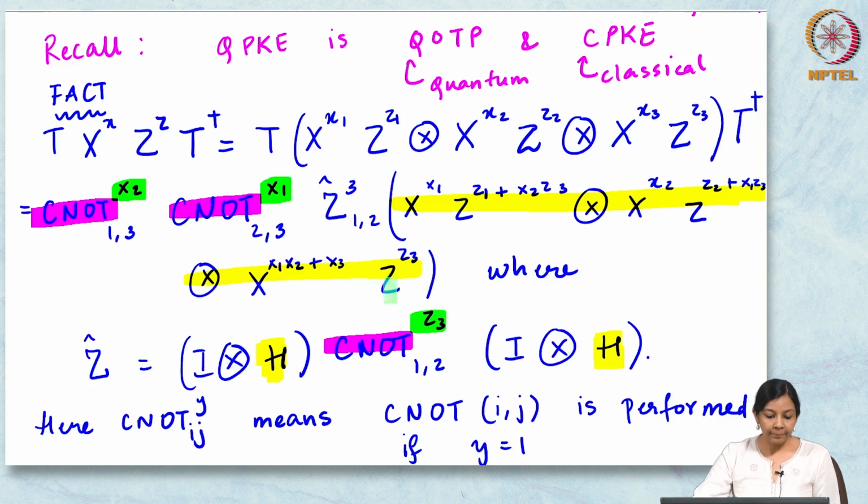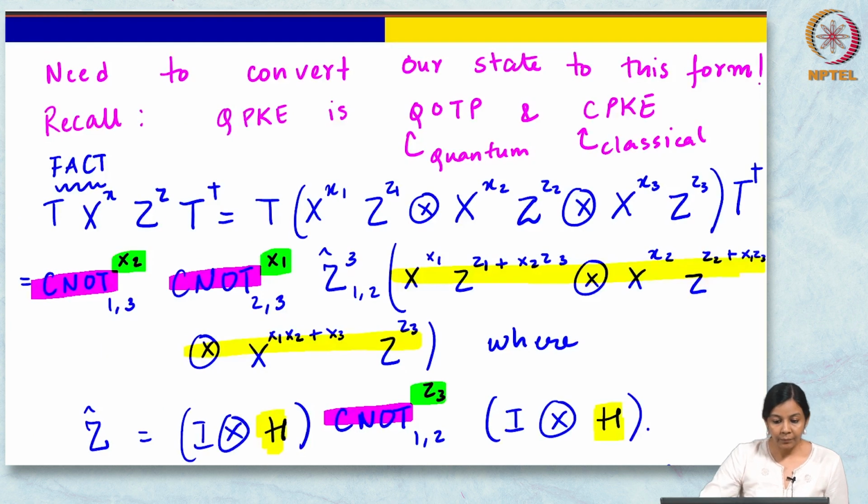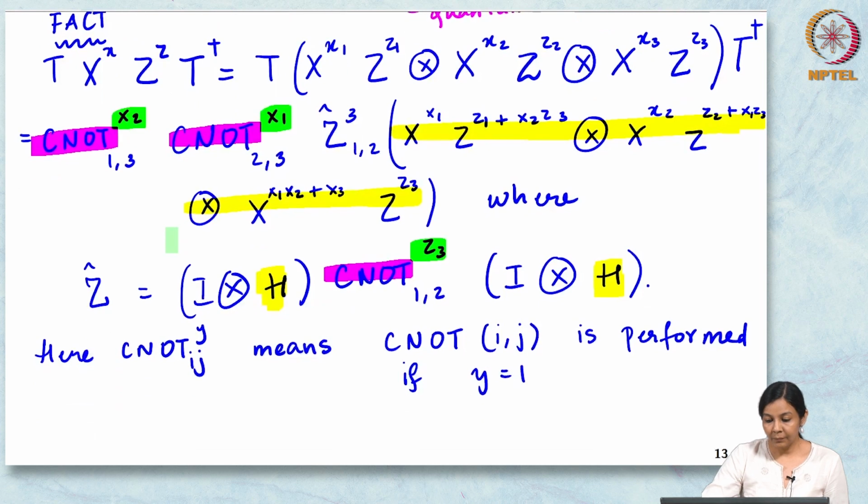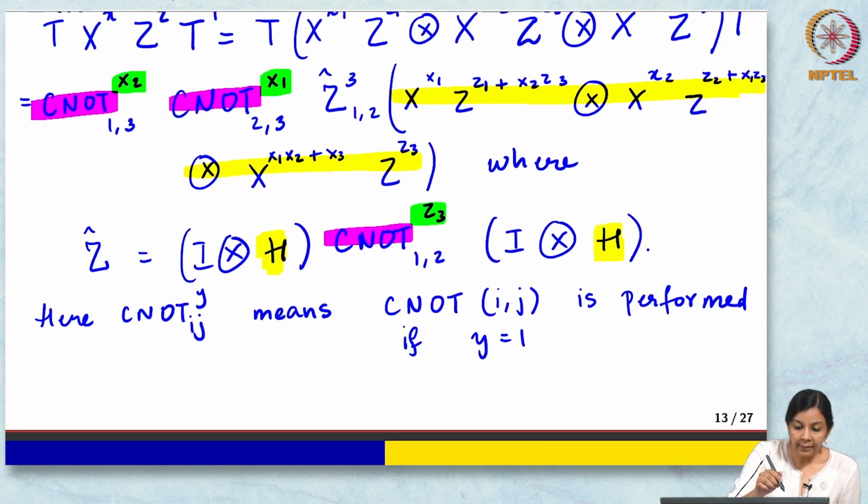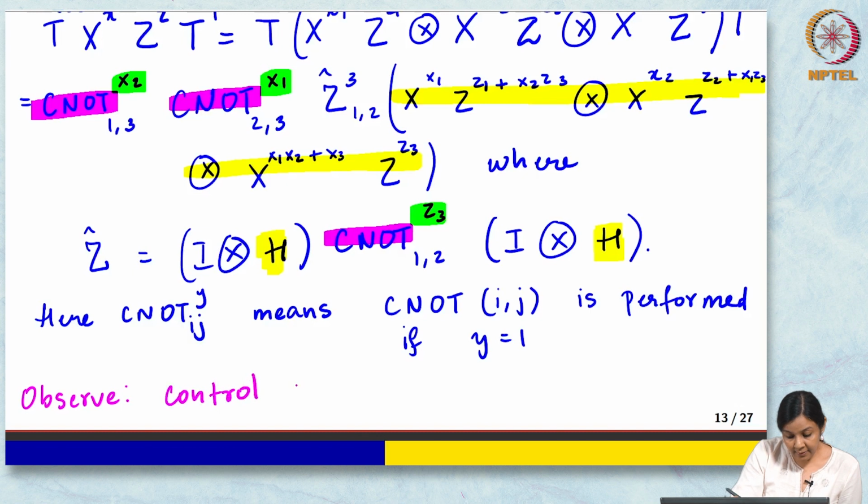Okay, so let us write this down. So the observation is that the control bits are classically encrypted.